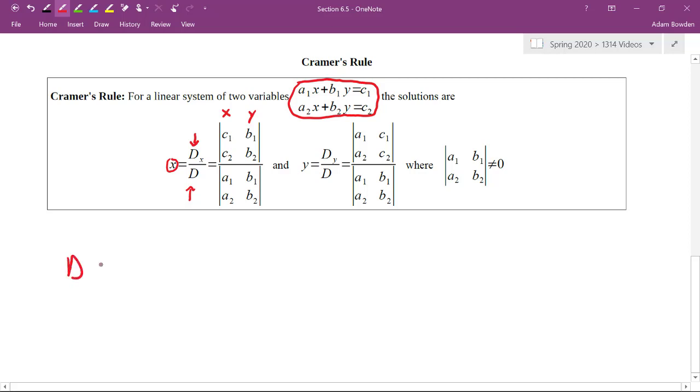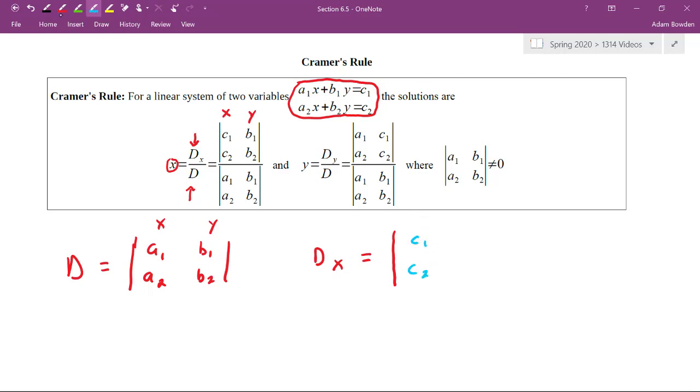The determinant D stands for putting the coefficients for x down the first column and the coefficients for y down the second column. Dx stands for taking the first column for the x coefficients and replacing them with the constants c. So the x column gets replaced when we have the determinant Dx.